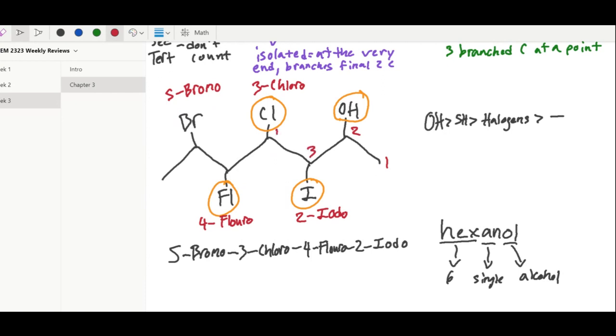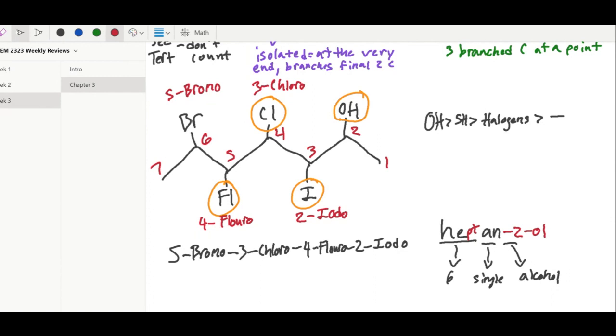So just shift everything over. Our substituents are still the same. This would just be heptanol. And then for 2, I think the way we write this is heptane-2-OL.